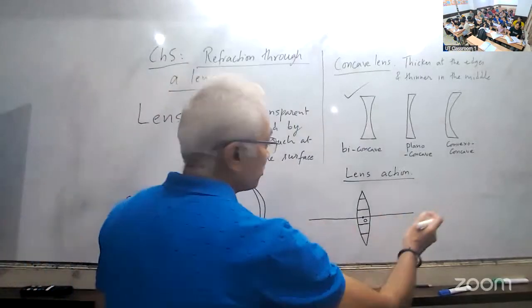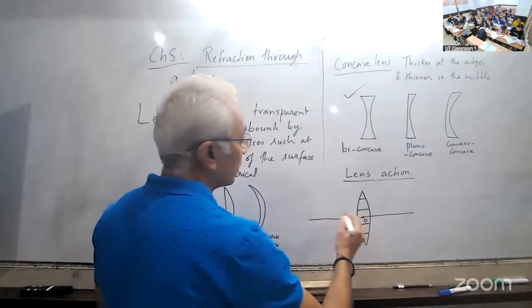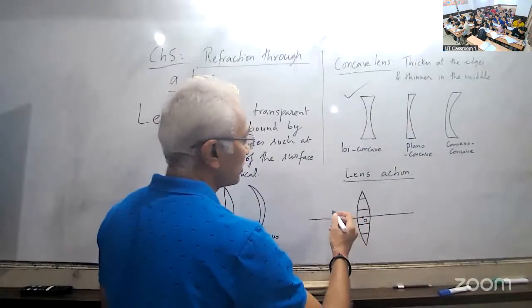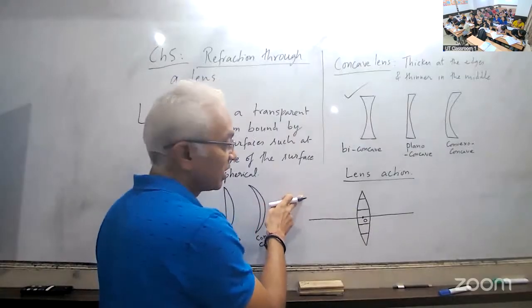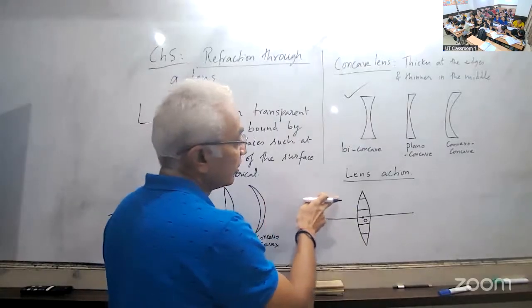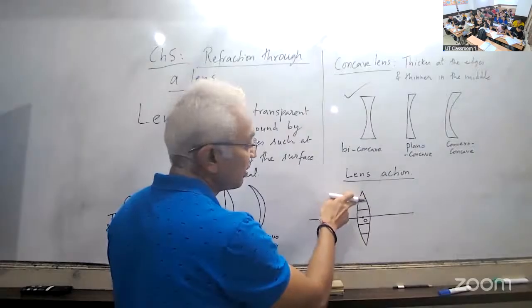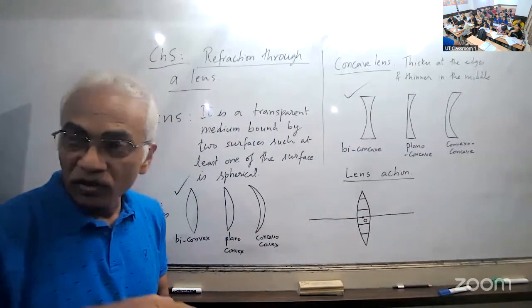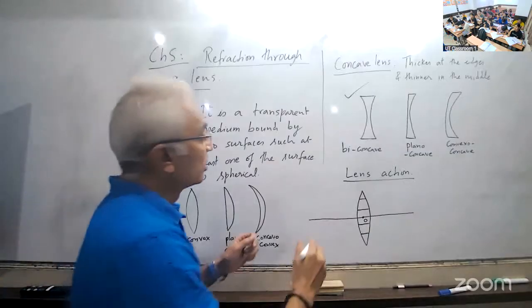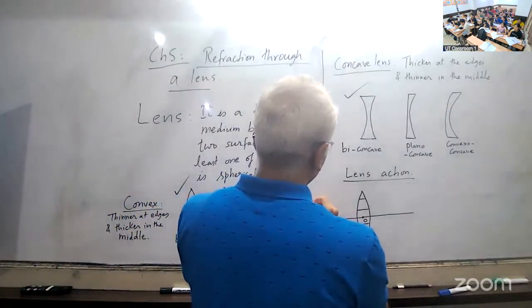So this is the principal axis as usual. Now let's see what happens to the rays incident on the lens. What is the nature of refraction when light passes through a prism? When it enters, it always bends towards the base of the prism. So we'll enter here.